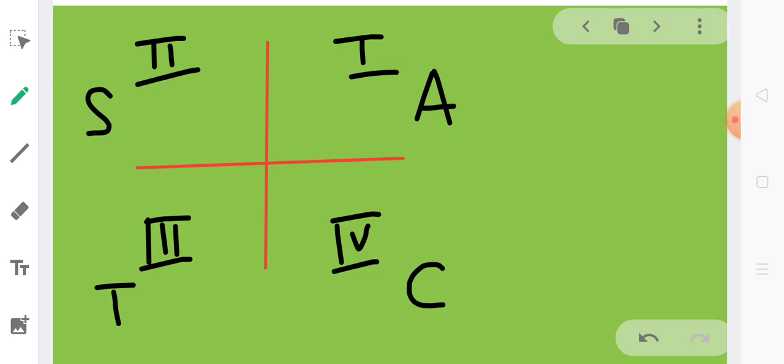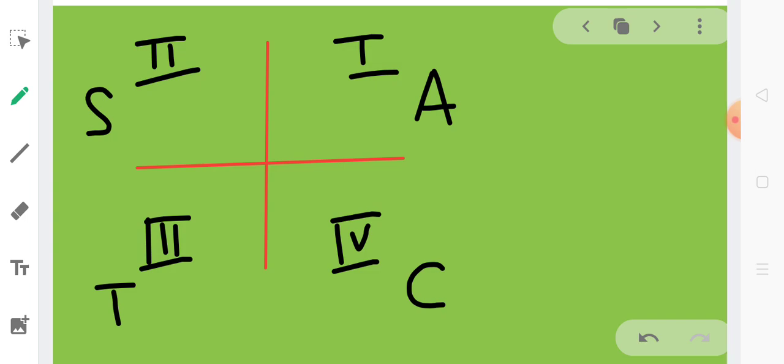Now you might be wondering, what does ASTC stand for? A stands for all, S stands for the ratios related to sine, so sine theta and cosec theta. T stands for the ratios related to tan and cot, and C stands for the ratios related to cos, that is cos and sec. So all sine, tan, cos.